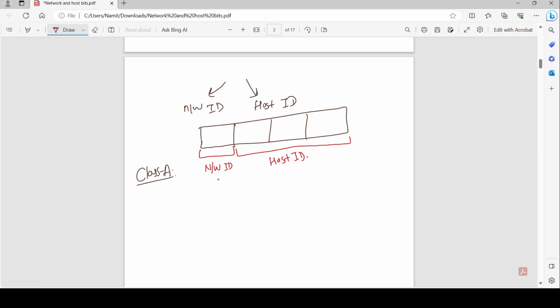What I mean to say is, network ID is 8 bits, host ID is 24 bits.